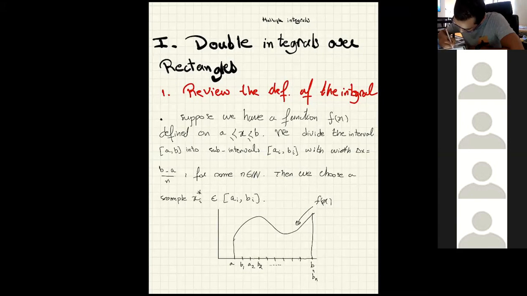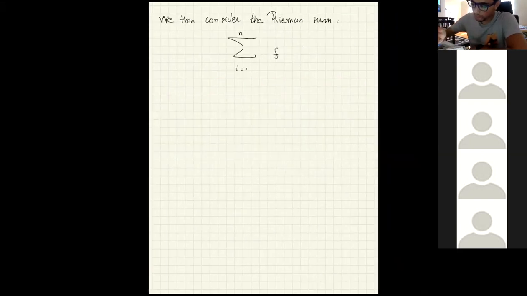We call it x_i star. For example, this one will be called x2 star, and this one has the image here. And then we consider this sum, f of x_i star times delta x.